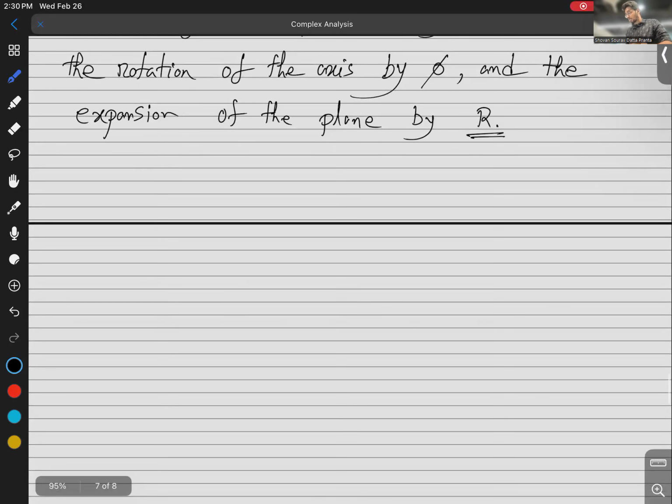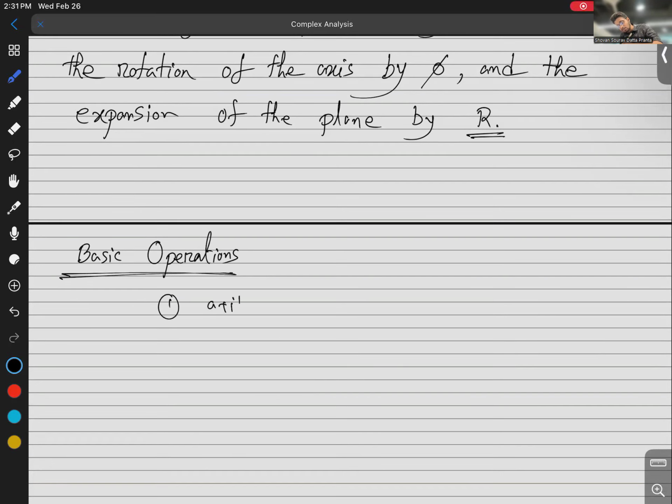So what are the basic operations for a complex number? The first one is the addition. If we add two complex numbers, they will follow the vector rule, because we are considering the complex number as a single invisible quantity in the plane, so we can consider it as a vector.